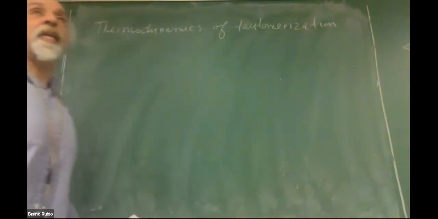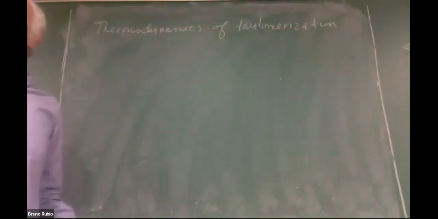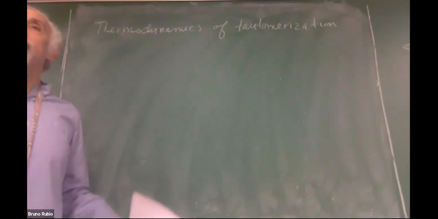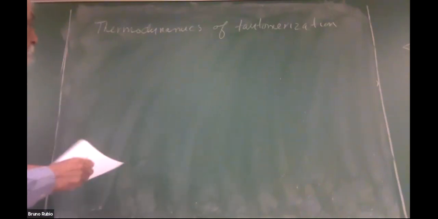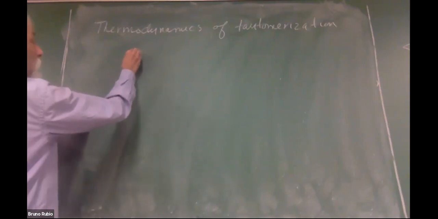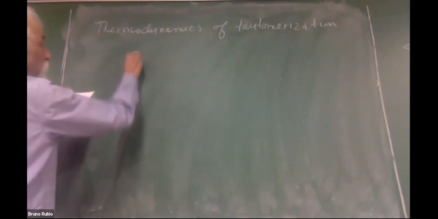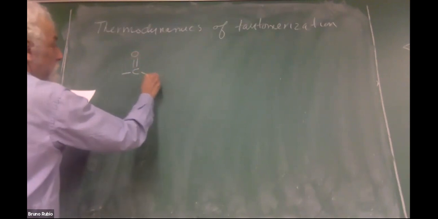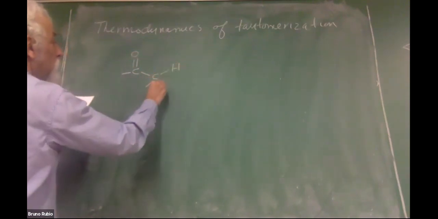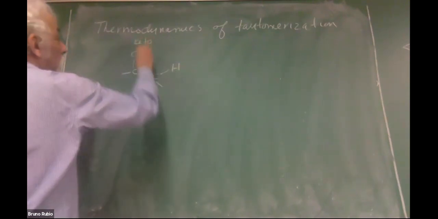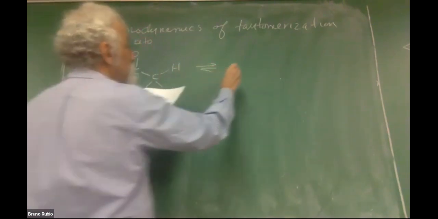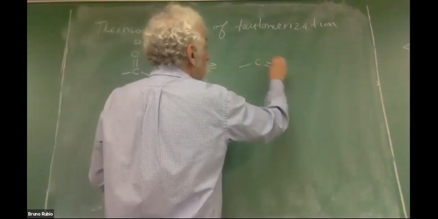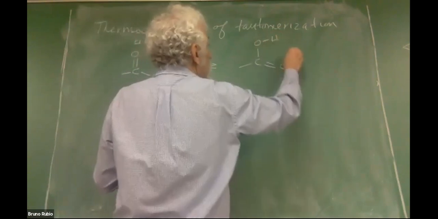We saw that lots and lots of different tautomers can form. Which will be the one that will be present in greater amount? Okay, and so let's draw our two important tautomers. I'm drawing the keto tautomer, and that's in equilibrium with the enol tautomer.